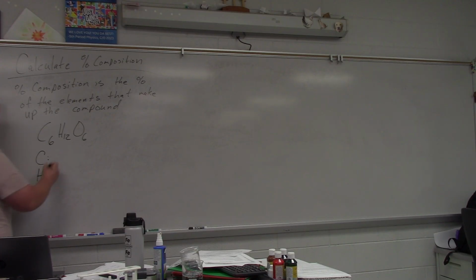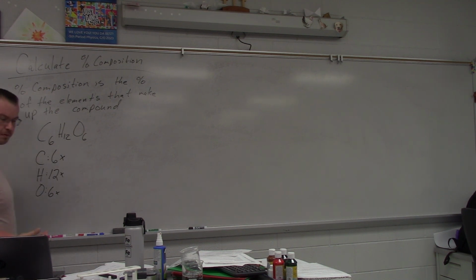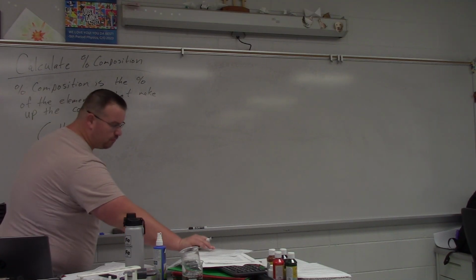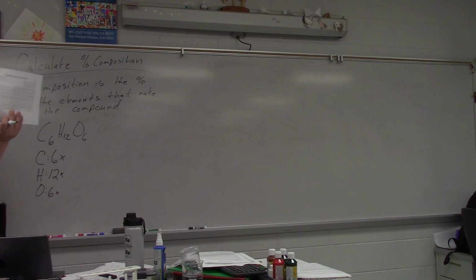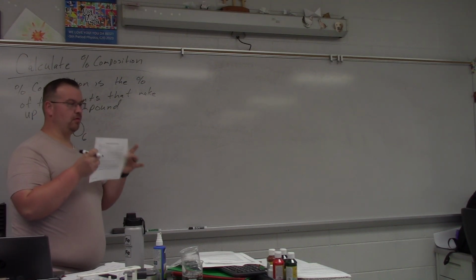So with carbon, how many carbons do I have? 6. How many hydrogens? 12. How many oxygens? You will multiply them by the average atomic masses off the periodic table. Now, this is the one they're going to expect you to be using, so make sure to use this form, not the other one.